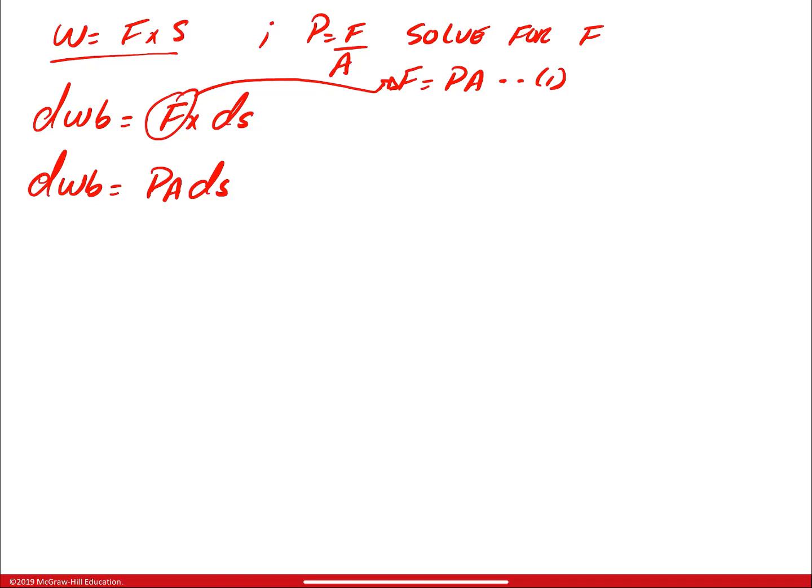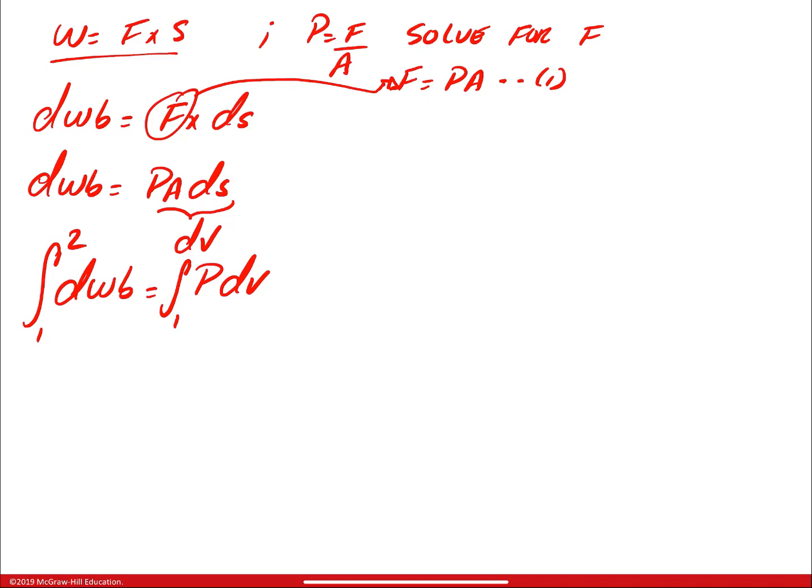If you take a look at this, area times differential of displacement is nothing but a differential of volume. So if I keep solving, the differential of boundary work equals pressure times differential of volume. What do I do now? I integrate on both sides from 1 to 2, and then boundary work equals the integral from 1 to 2 of P dV.